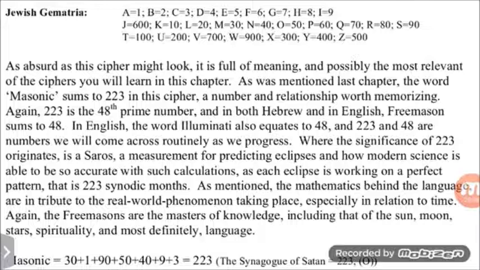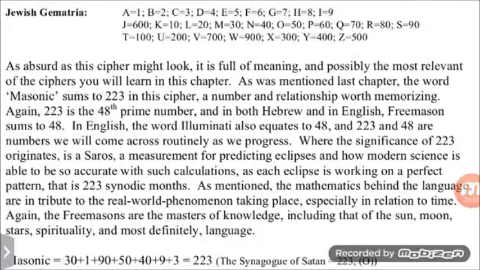223 and 48 are numbers we will come across routinely as we progress. Where the significance of 223 originates is a Saros, a measurement for predicting eclipses, and how modern science is able to be so accurate with such calculations, as each eclipse is working on a perfect pattern, that is 223 synodic months.